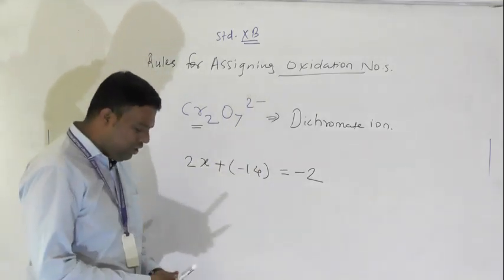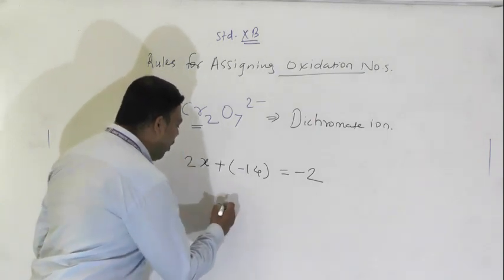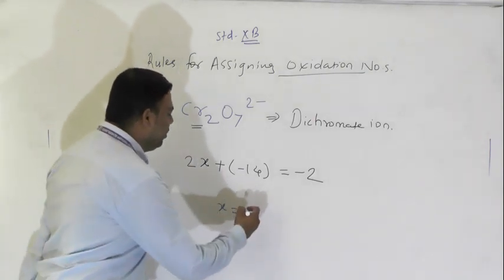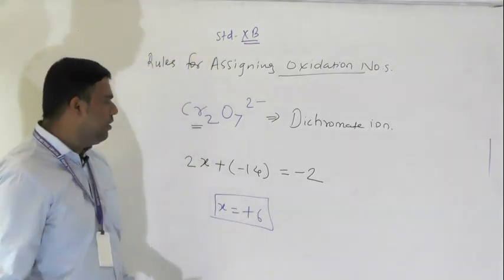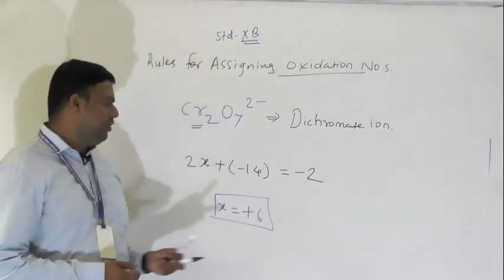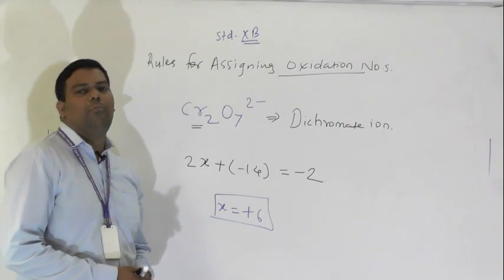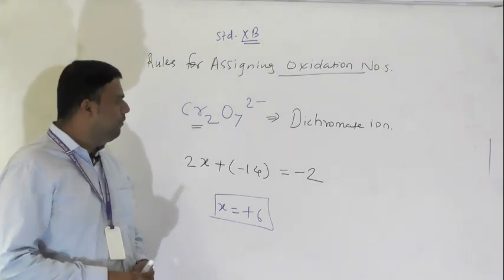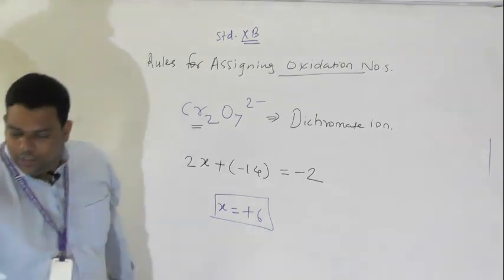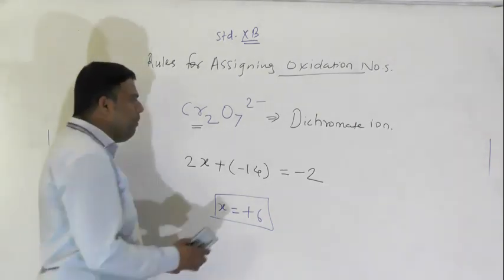Understood? So x is equal to +6. You may calculate and you will get +6. These are dichromate.